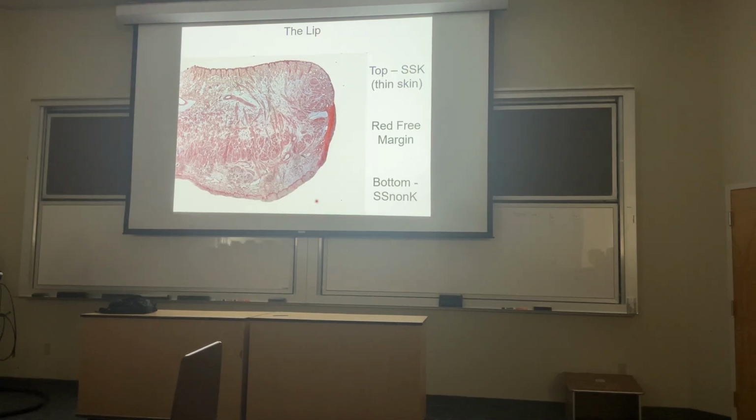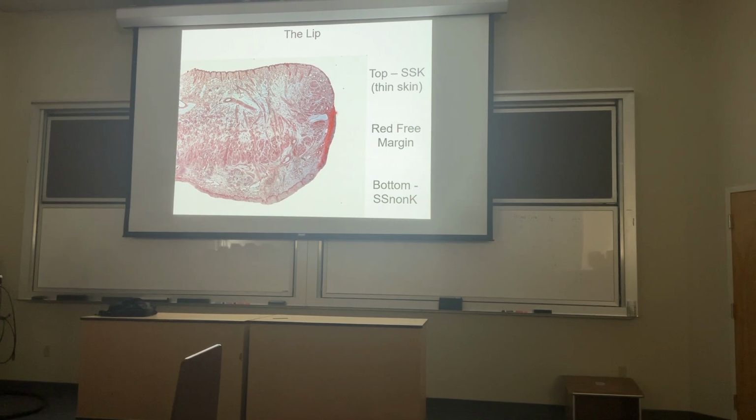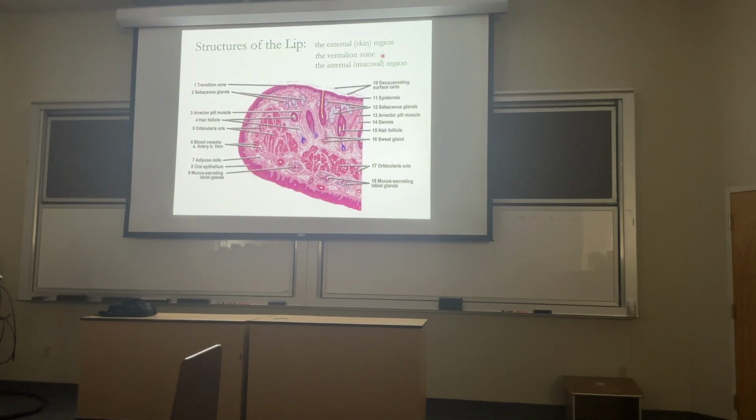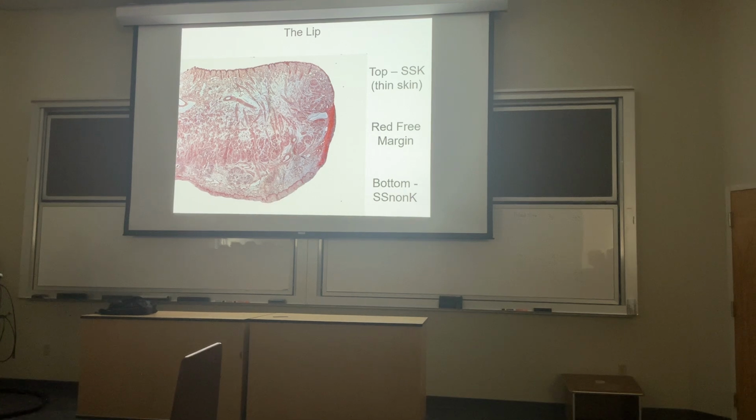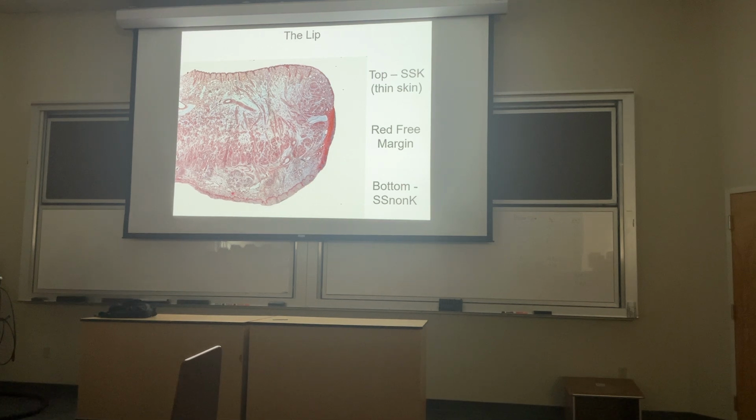This is another one showing, again, the keratinized stratified squamous, and then here's the red area. That's the vermilion zone, and that's there. And then here's the non-keratinized stratified squamous.